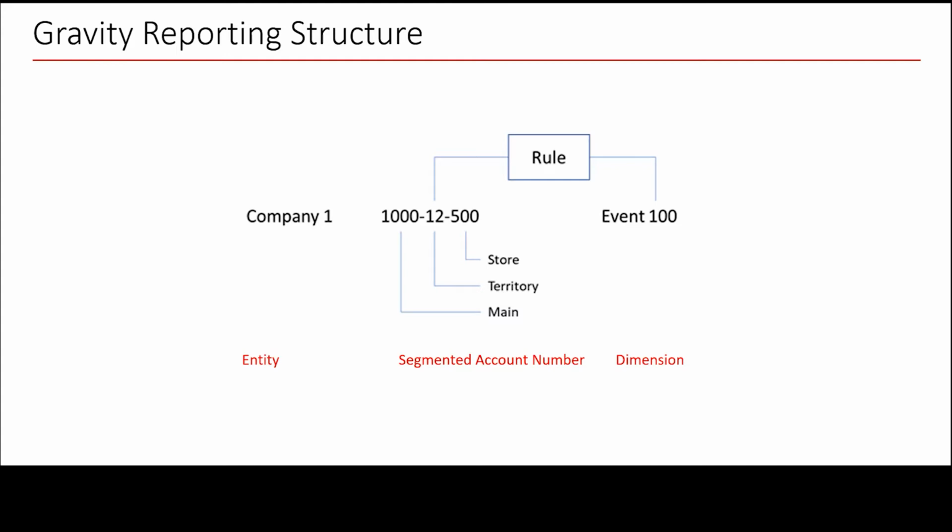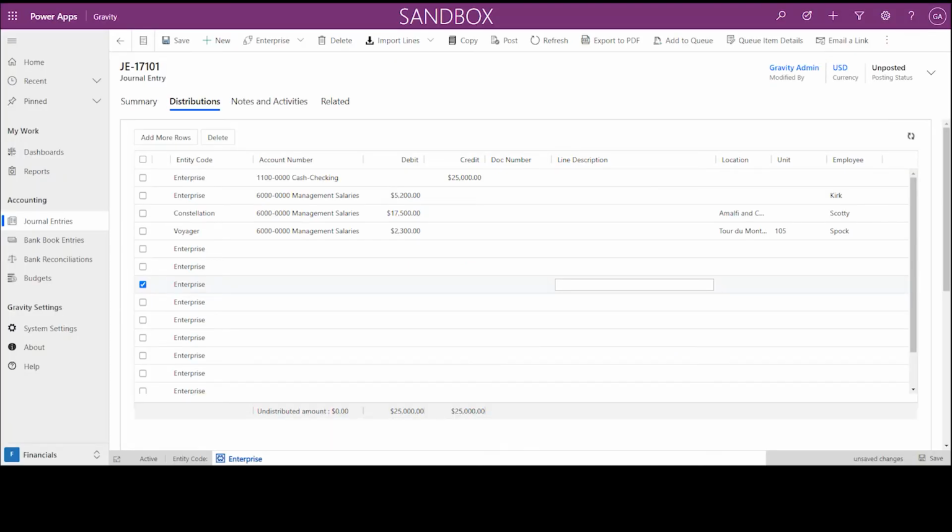Let's look at this in practice. So here is a simple journal entry screen, and you'll see here that I have a company code, I have a segmented account number, now in this case I have two segments, and I have three different dimensions turned on. Now, dimensions can be driven by many things, including the actual account numbers that we're using.